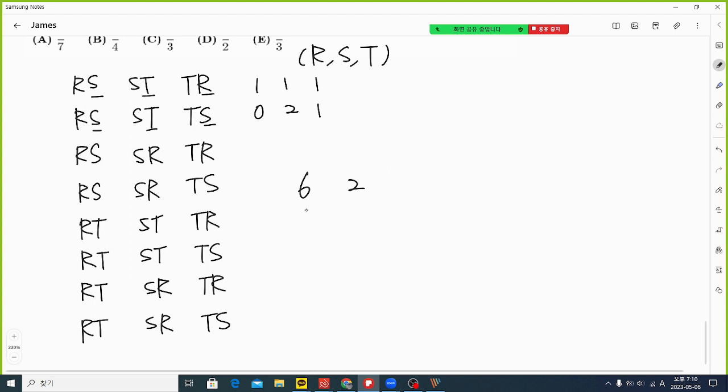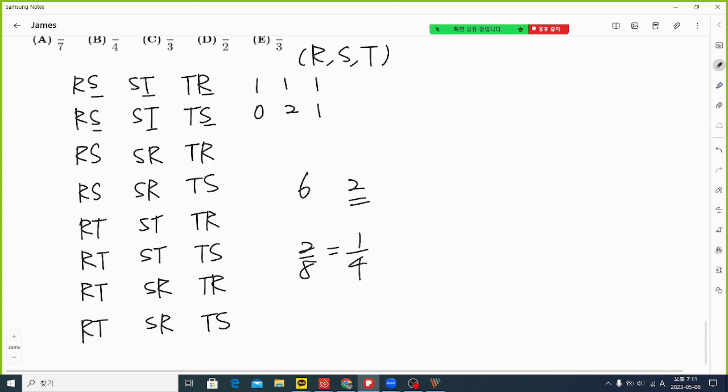So that means there will be 6 cases for the 210. That means one person has $2 and the second person has $1 and third person has $0. And for the remaining 2 cases, all people have $1 each. So that means if we start with $1 each, the probability for the same outcome is 2 over 8, which is 1/4.